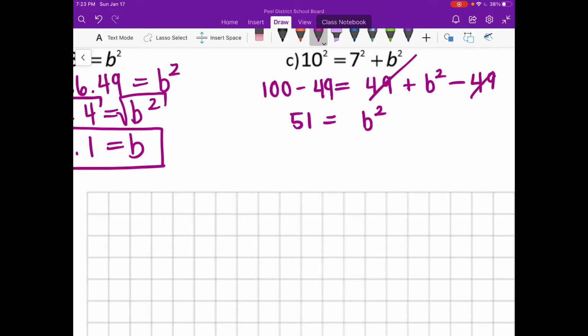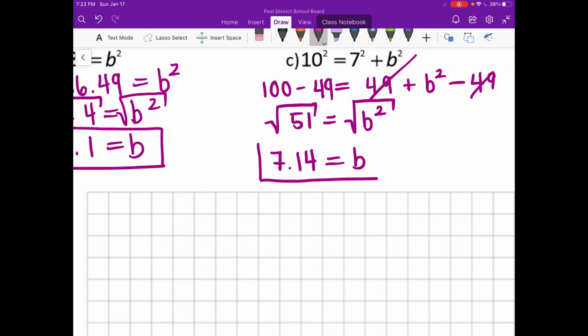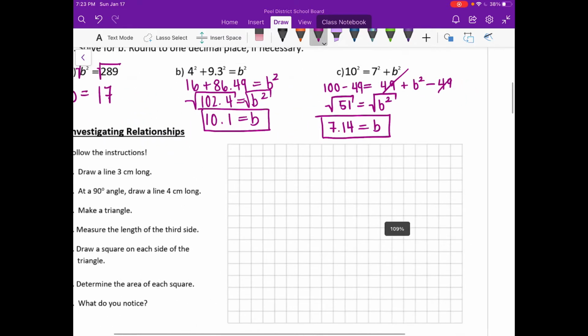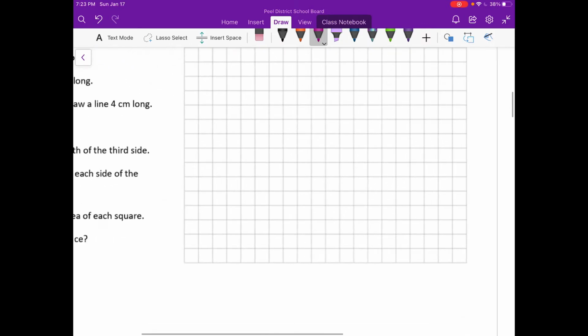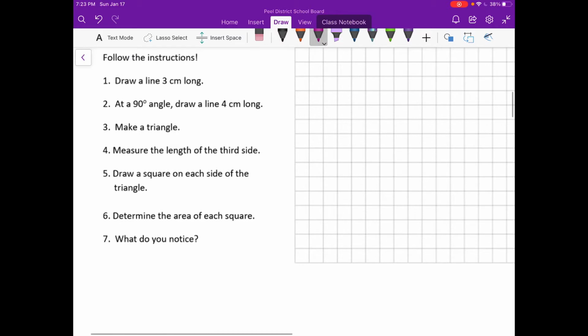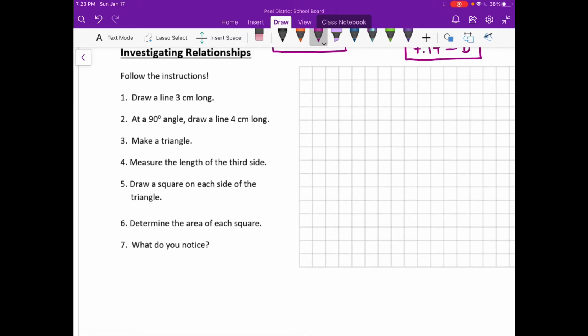I want to get the b by itself, so I need to do the opposite of squaring, which is going to be square root. And I'm going to square root both sides because whatever I do to one side, I have to do to the other. And I'm left with 7.14 equals b. Okay, so that's just a little bit of review of how to do squares from grade 8 and a little bit from the beginning of the semester.